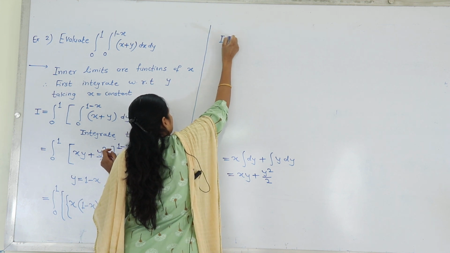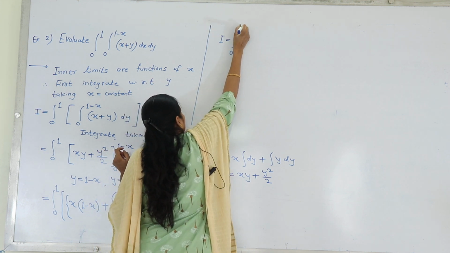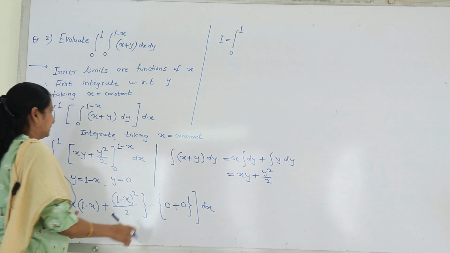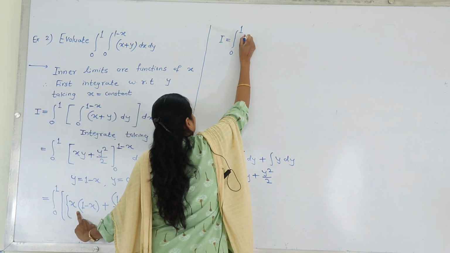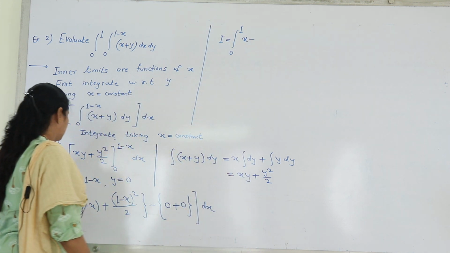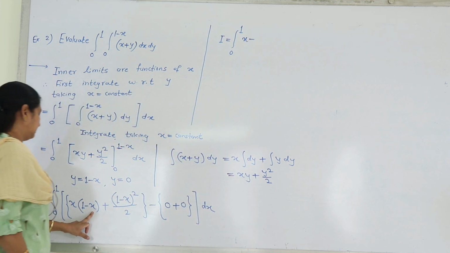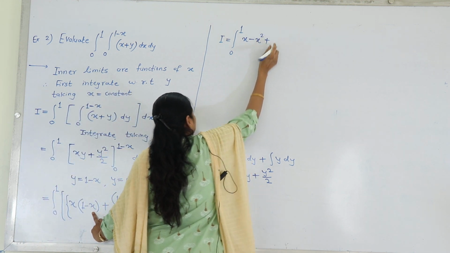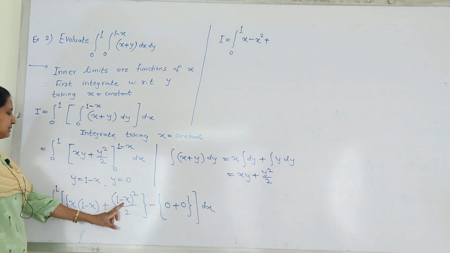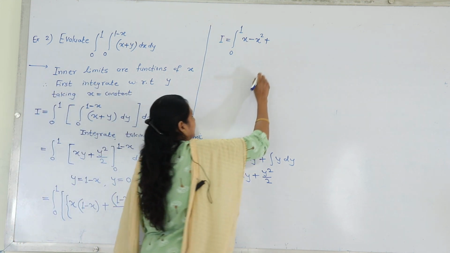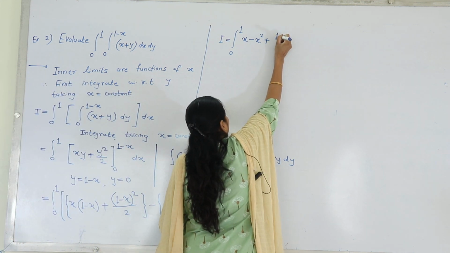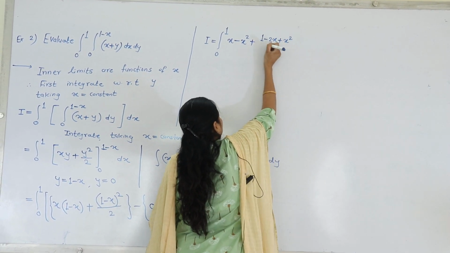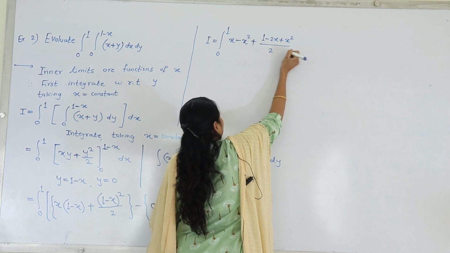Integration 0 to 1. Now first solve these terms. X into 1 is x, minus x into x is x square, plus 1 minus x bracket square upon 2. 1 minus x bracket square, that is 1 minus 2x plus x square by 2.